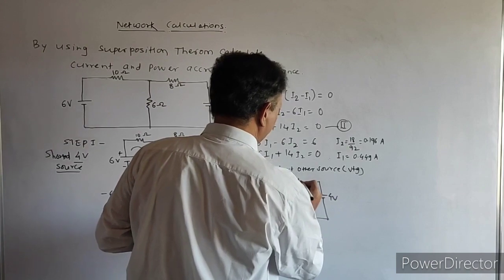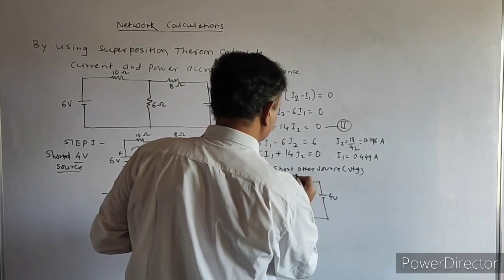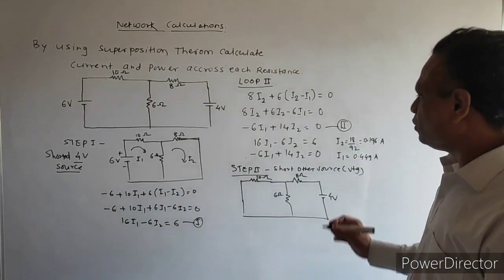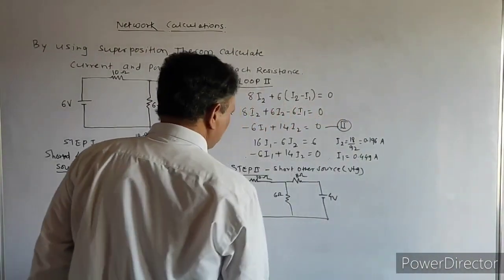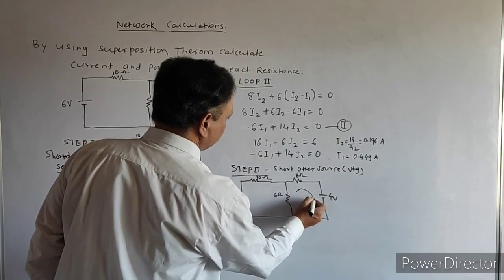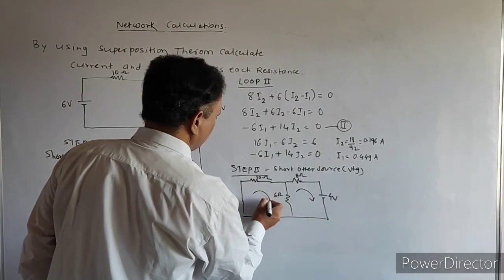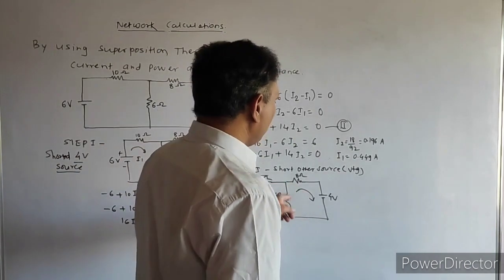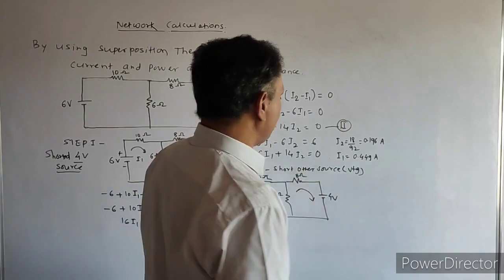Here I have forgotten to write 8 ohm. Now let us solve this loop. We'll assume the direction of the current in this way. So our current is entering from the positive side.